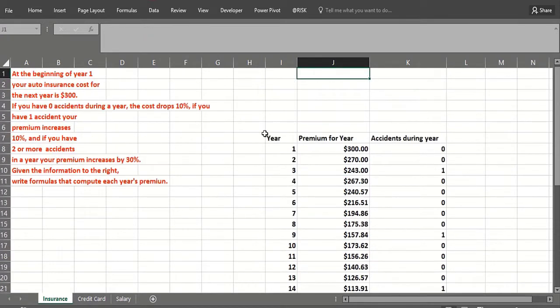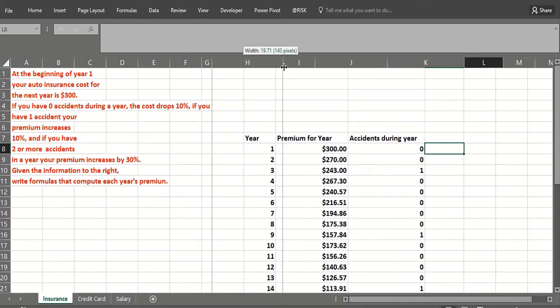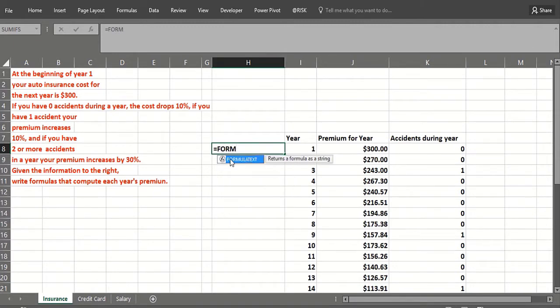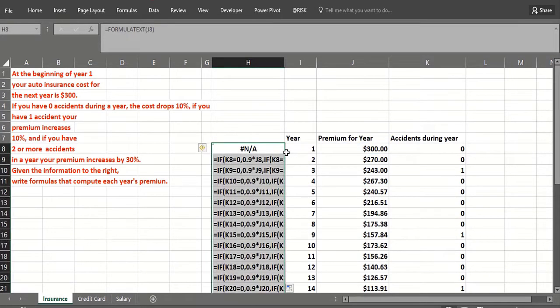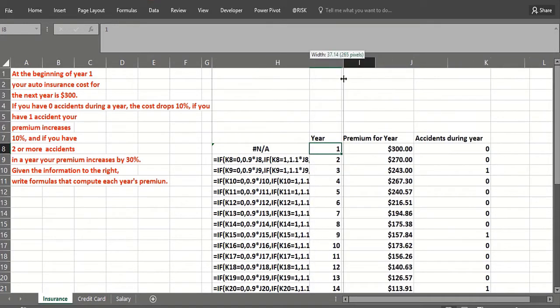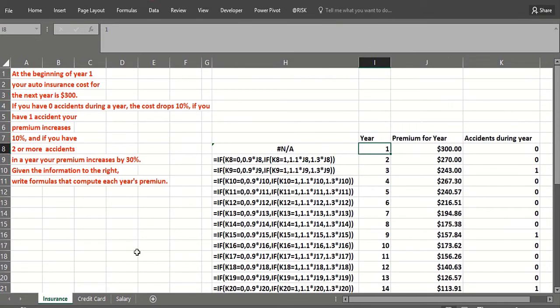So if you want to see what that formula looks like, nothing there, but then I copy it down. So there you can see basically how that formula works. Double clicking there will widen it.